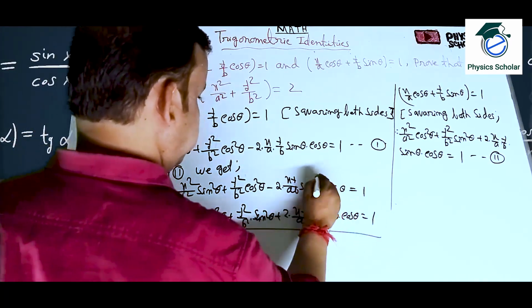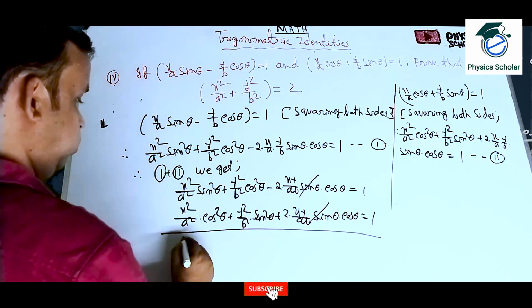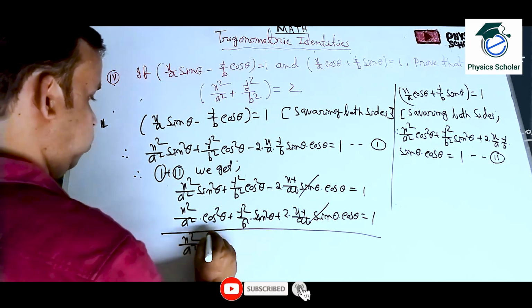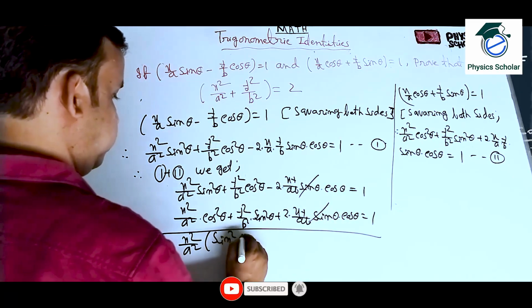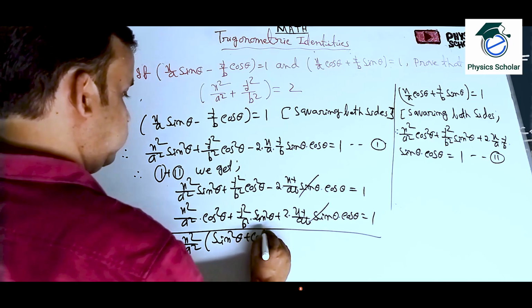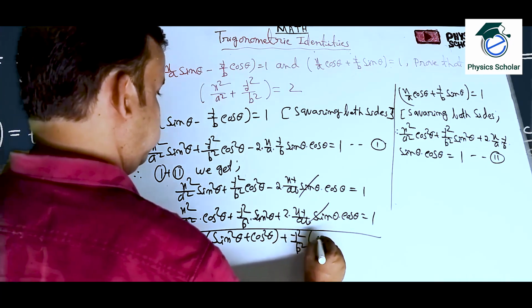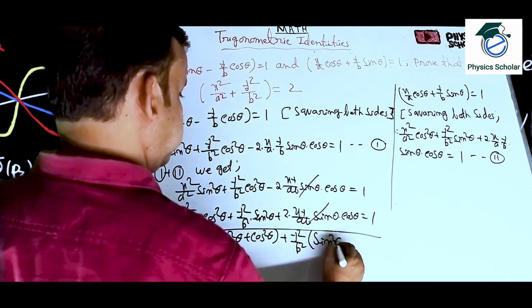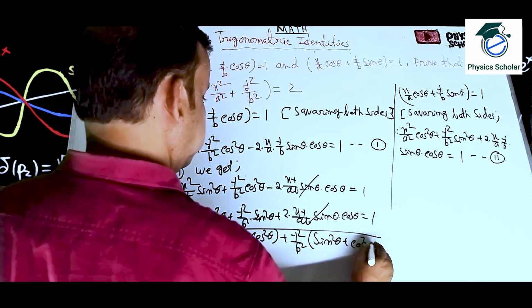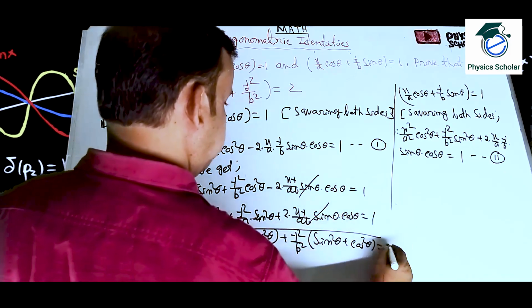Clear? So this and this will be cancelled. So it is what? x square by a square common, so sin square theta plus cos square theta, plus y square by b square common. So sin square theta plus cos square theta is equal to what? 1 plus 1 means 2.